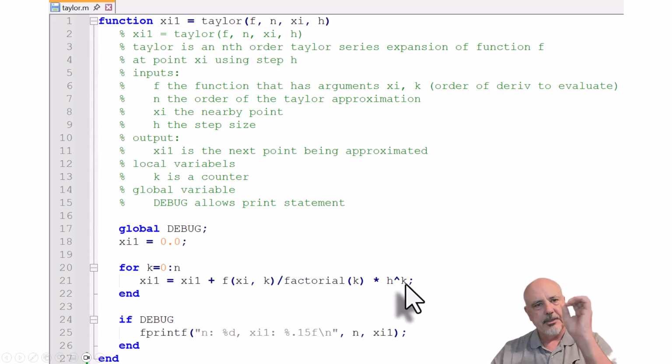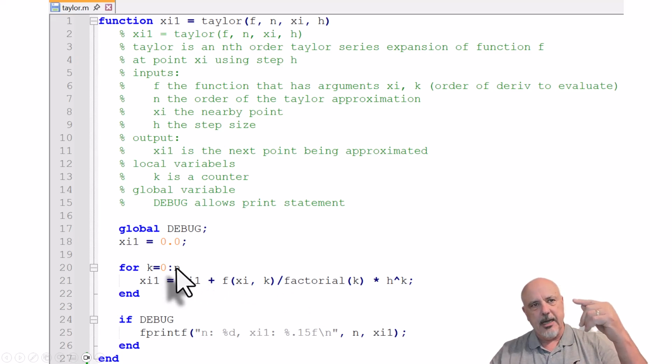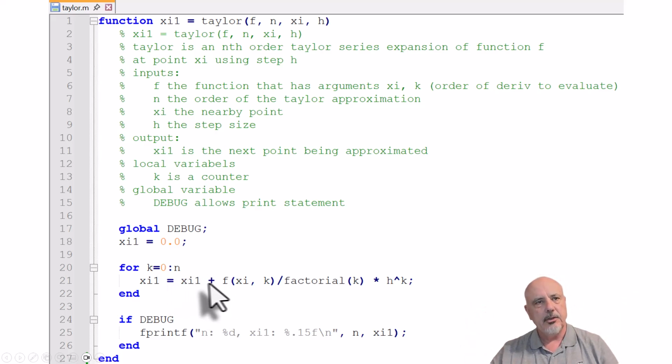So that's the 0th. And then if n is 1 or greater, what I'm going to do is take the previous term, which I've just calculated, and add to it the function evaluated for the first derivative when k is 1 at my current home position or reference position. I'm going to divide by factorial 1, which is 1, and multiply by h to the 1. So that's it.